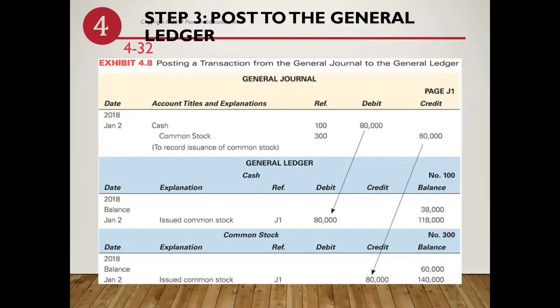You see here the balance in the cash account, number 100, increases by $80,000 to $118,000. And the reason for that is because it already had a balance of $38,000. So 80 plus 38 is 118.